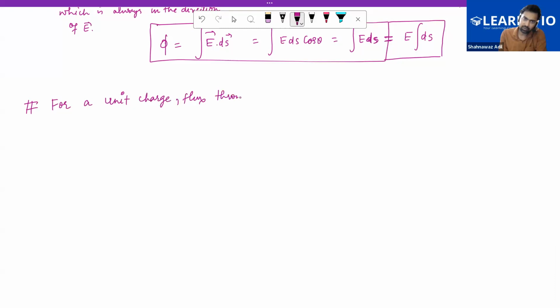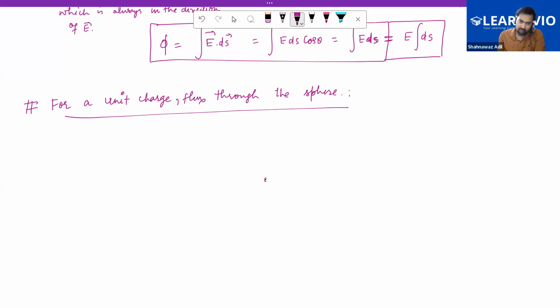Flux through the sphere. So let us see what happens.